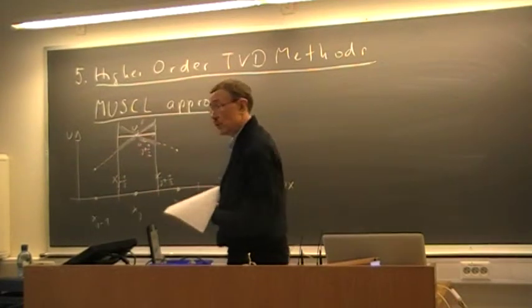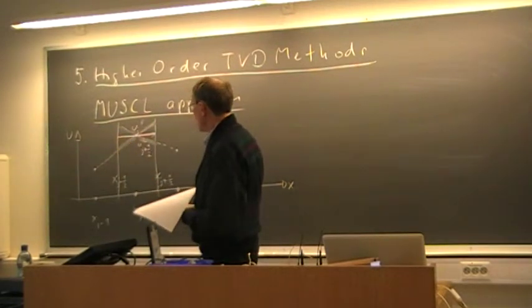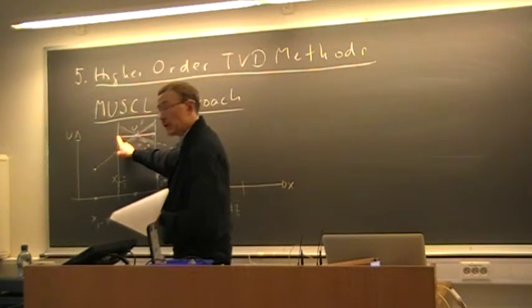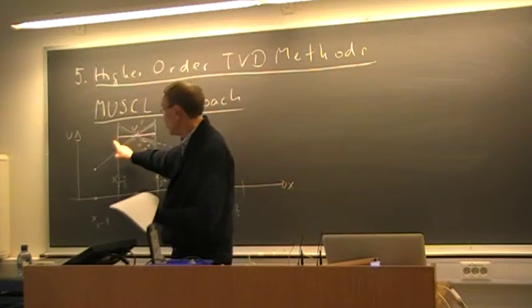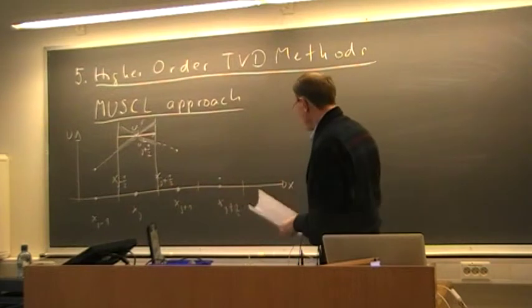That is the one that we used there. When we go to this other face, we would use this value here as the right value when we compute the flux. But let us focus on this one.